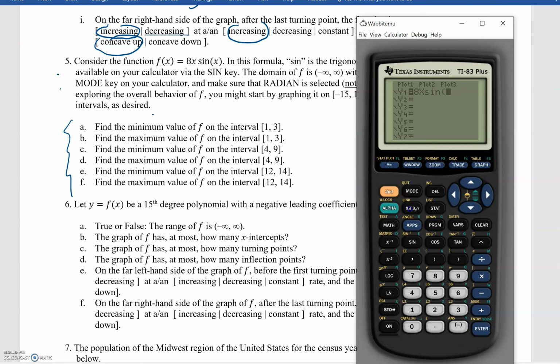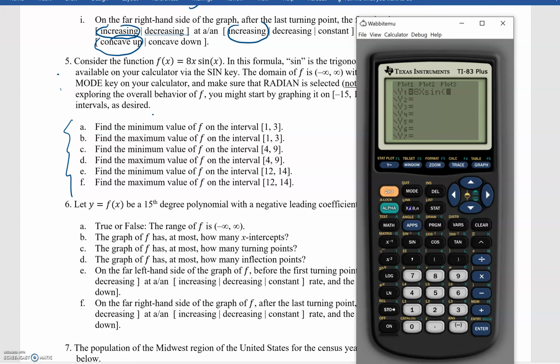Now notice all these questions are about smaller intervals, but nevertheless, we've got this very curvy graph, right? Lots of bends. So if I look at the interval from 1 to 3, okay, 1 to 3.